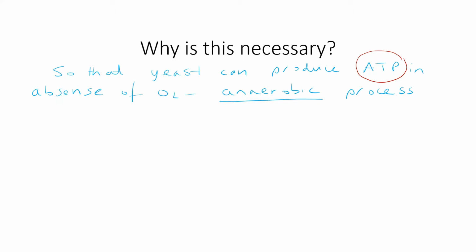Now, normally, in the presence of oxygen, what happens is the pyruvate that is produced from glycolysis will be shuttled off to the mitochondria to participate in the Krebs cycle.